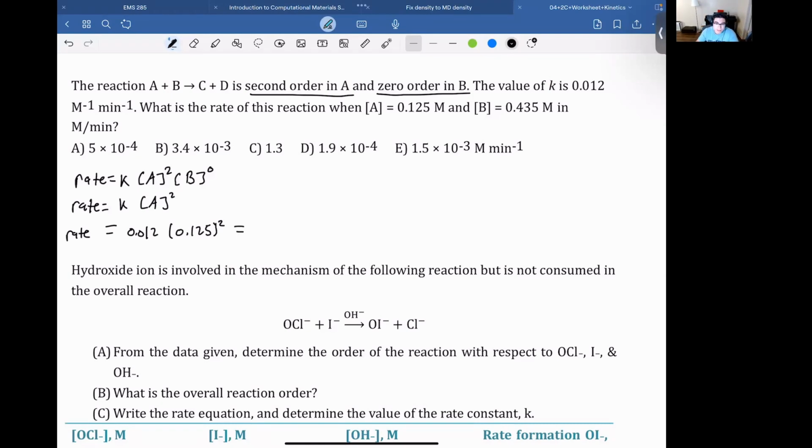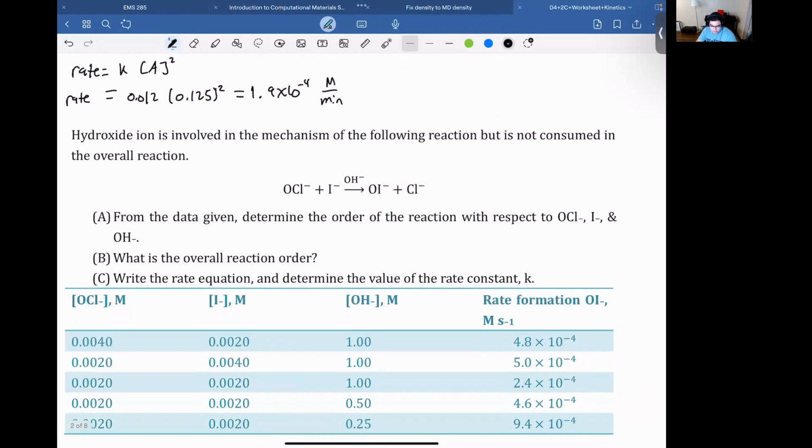Plugging this into your calculator gives you about 1.9 times 10 to the -4th. And this is in molarity per minute. And that's it. The answer is D.